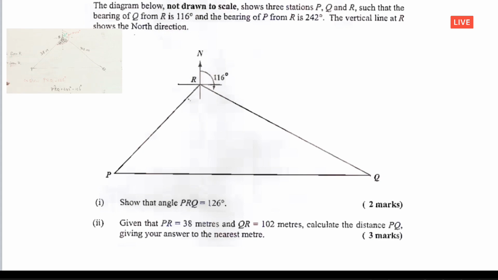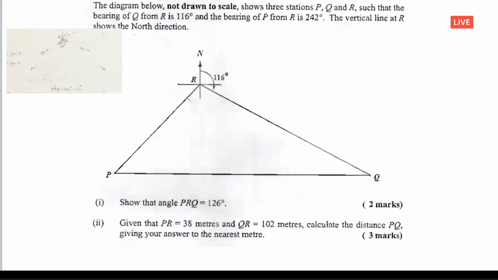Again, you appreciate this is a non-right angle triangle. We only know that the value inside here is 126 degrees. Okay? So in order for us to find the length of this side, PQ, we go and do our check.